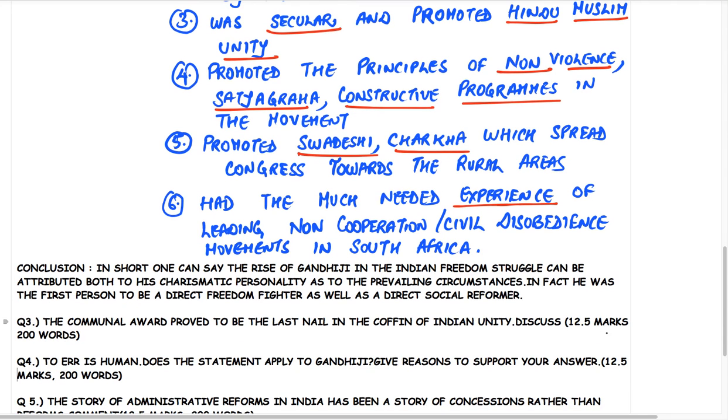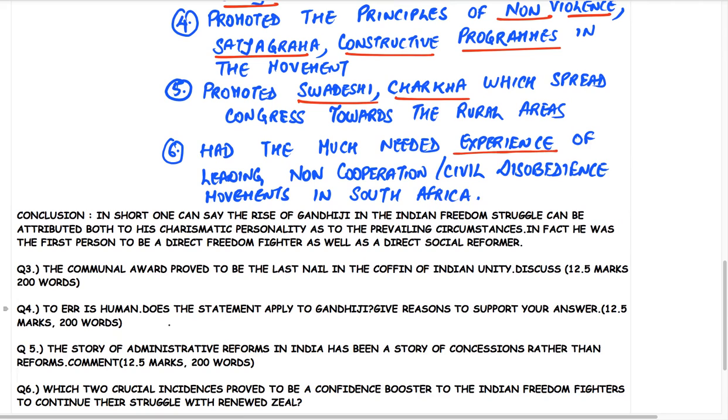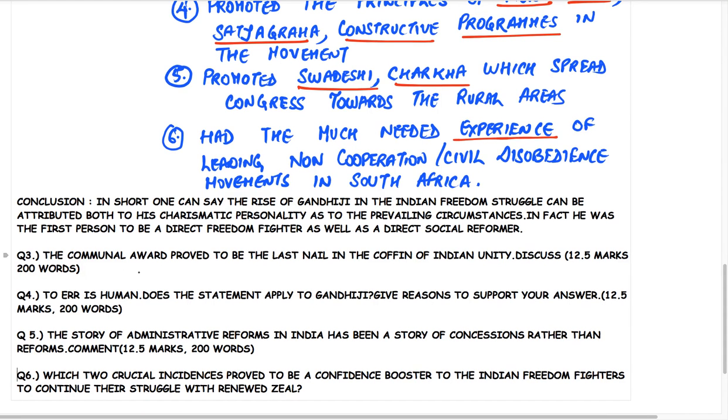Now, let me tell you, communal award was not an award, it was in fact a declaration given by the British government, in which separate electorates were given on caste basis for the Hindu community as well. The concept of separate electorates was initiated by the British government just to break the Indian unity.